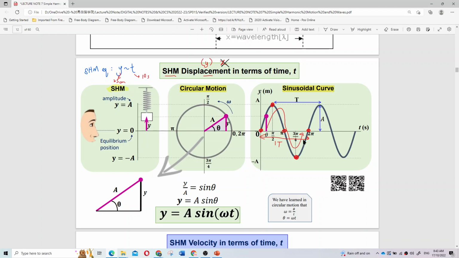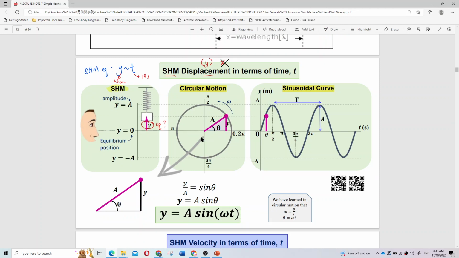Okay, let me rub off everything again. I just wanted to show you. Now you have seen it. Now look at how to get this equation. Our focus is we want to get this y equation. You can see this y is the same as this y, the y component.